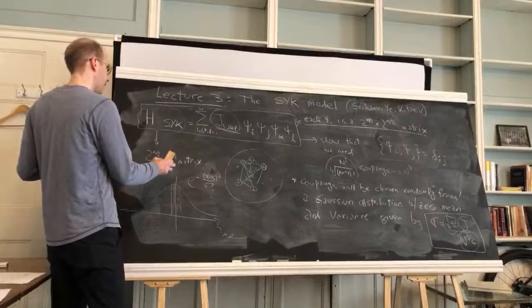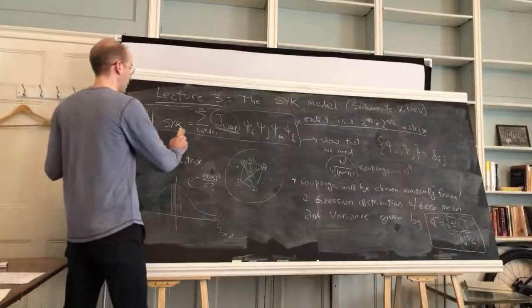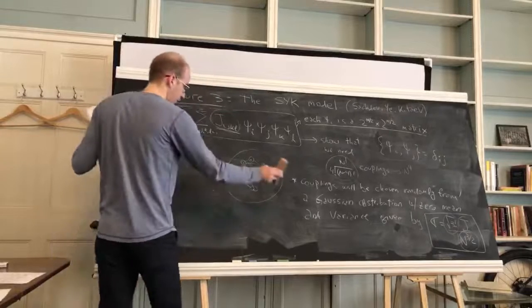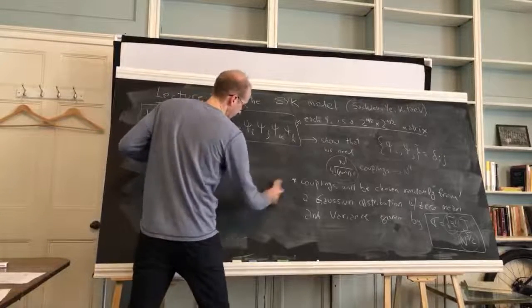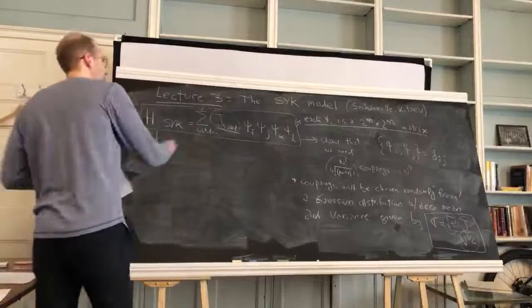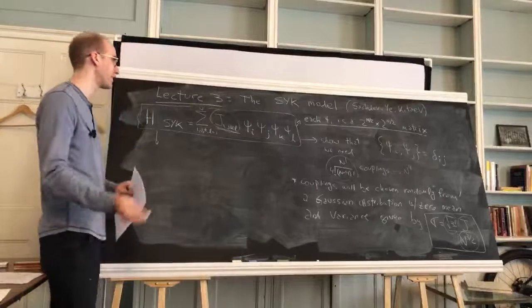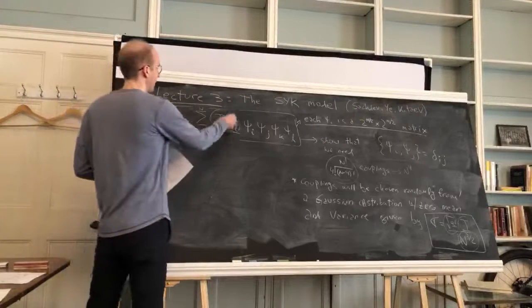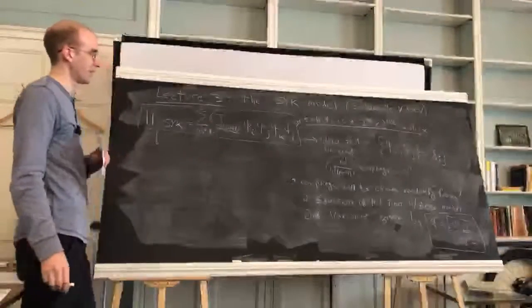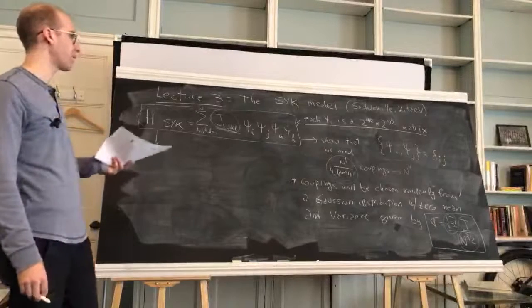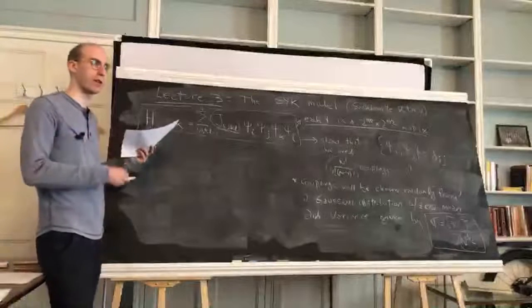So let me write it down. I first choose a set of these couplings. I compute whatever I want to compute. Then I choose a different set of couplings. I compute again. I save that result. And I keep doing that until I average over all possible choices of these couplings.